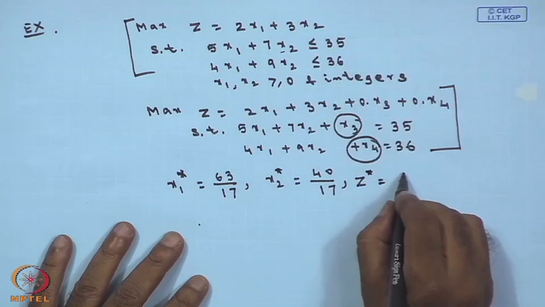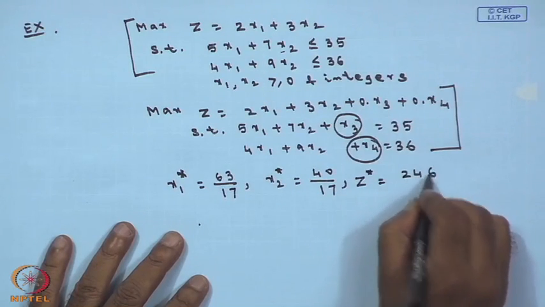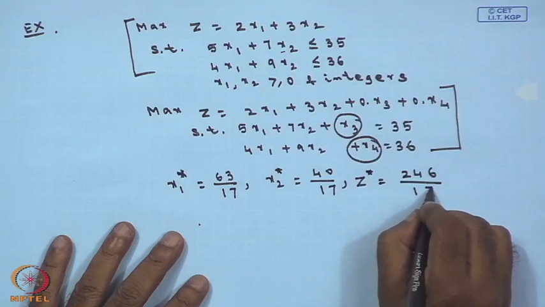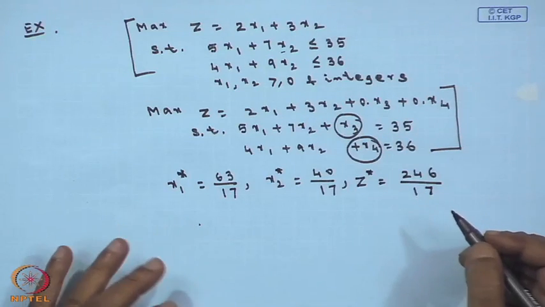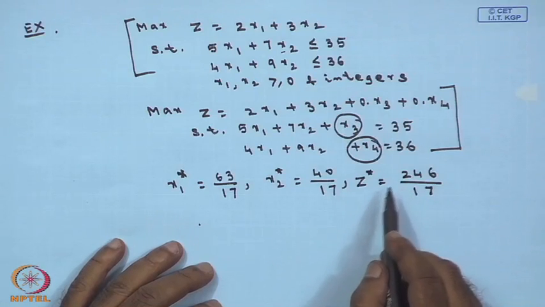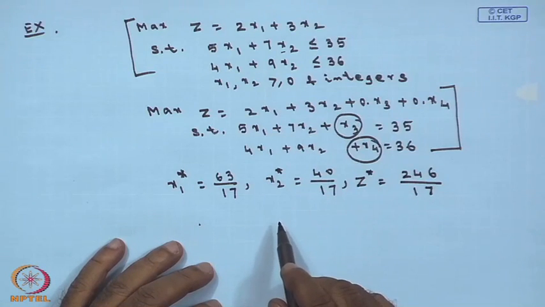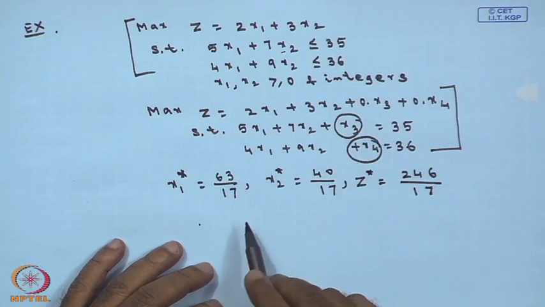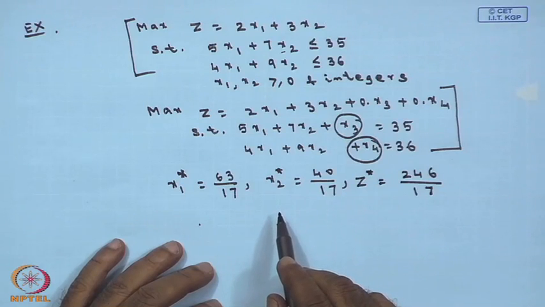So, Z star is 246 by 17. Note, this is the solution of the original problem when you have not imposed any restriction on the variables. The only restrictions you have imposed are that x1 and x2 are greater than or equal to 0, they are positive, but they may take integer values, they may take non-integer values.